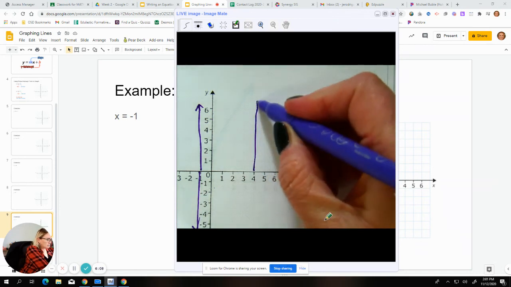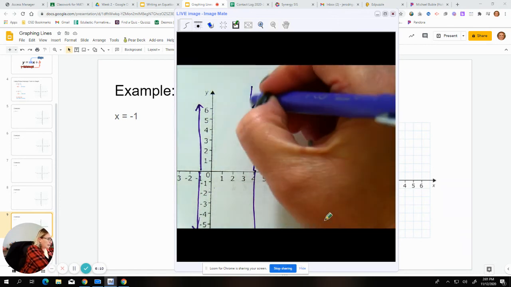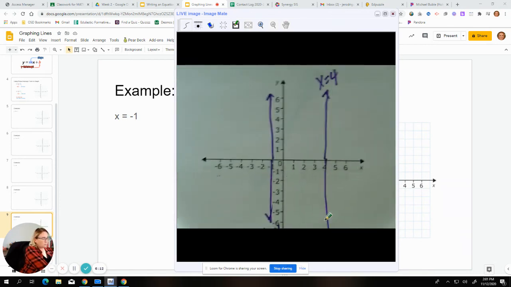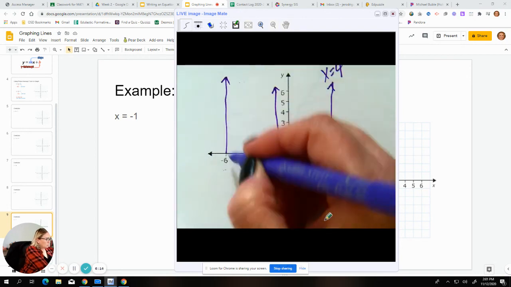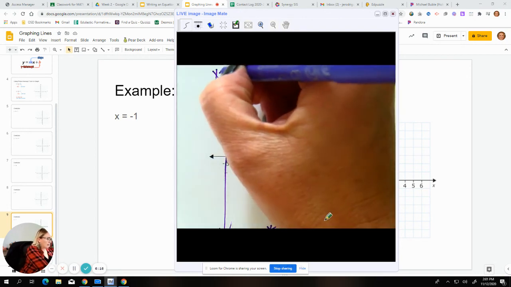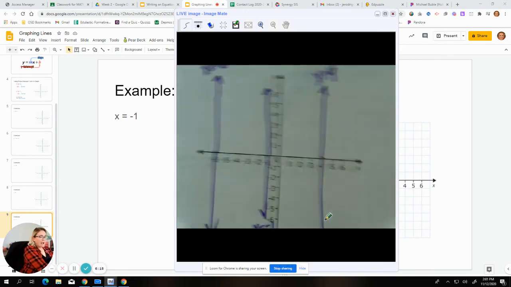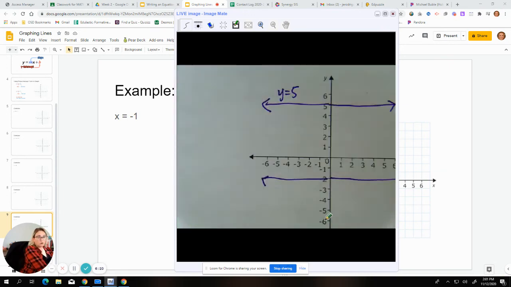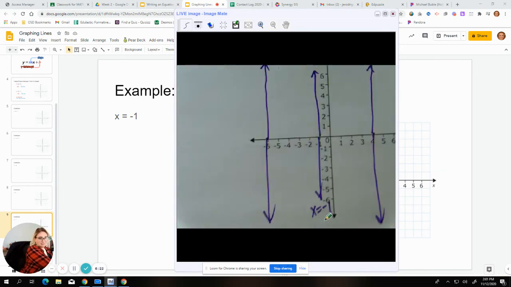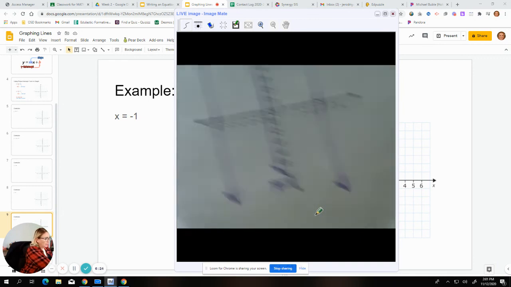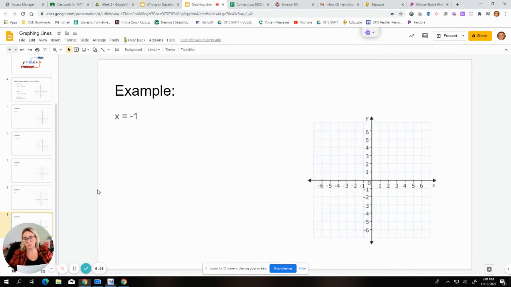If it was x equals 4, you would do it here. If it was x equals -6, you would draw a vertical line there. So y is horizontal, x is vertical, and anything that is y equals mx plus b is going to be some sort of slanted line that is going to give you a slope.